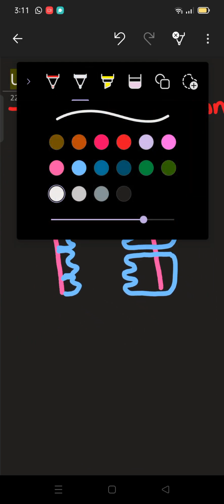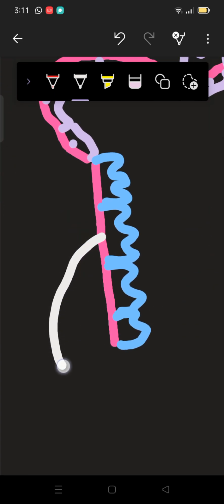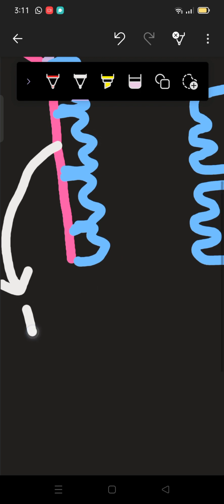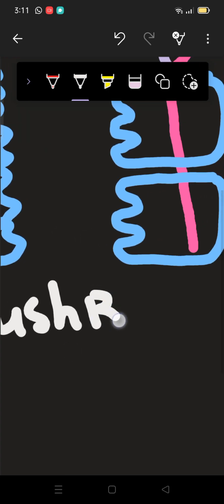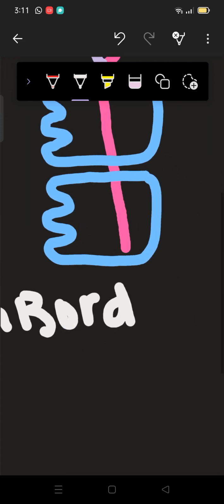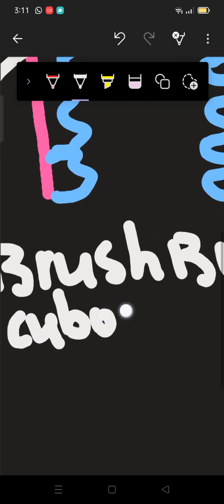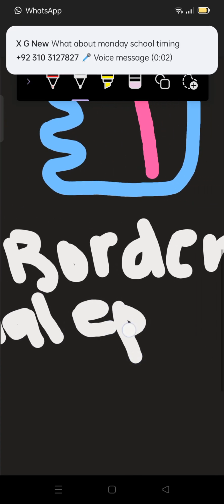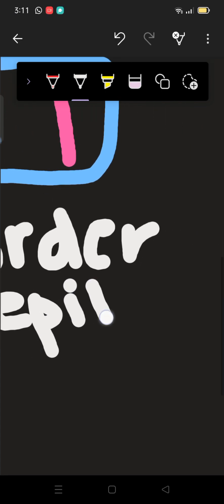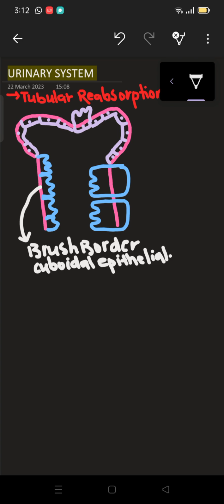Let me write here: brush border cuboidal epithelial. Brush border cuboidal epithelial are the cells of PCT.